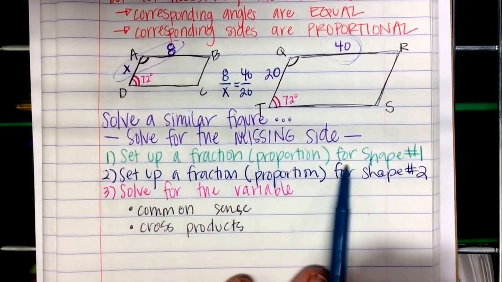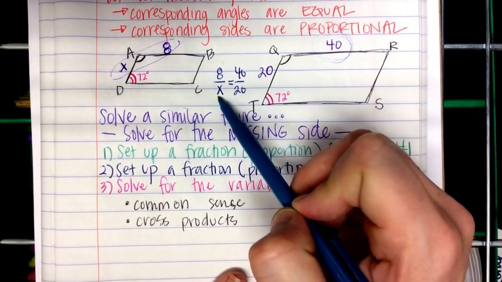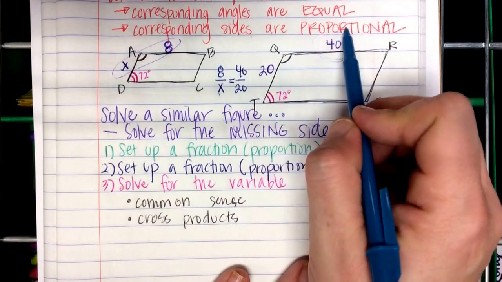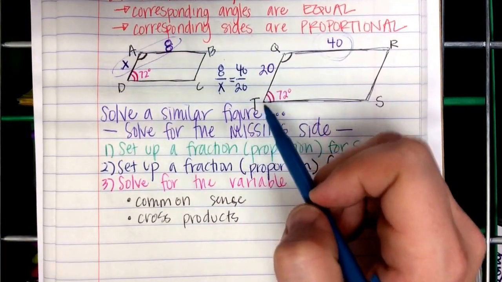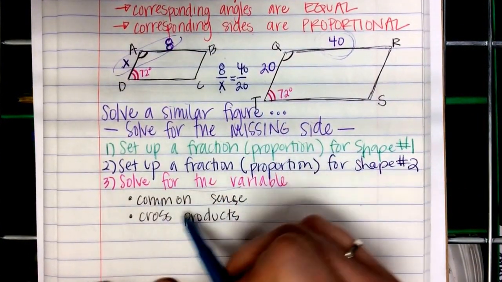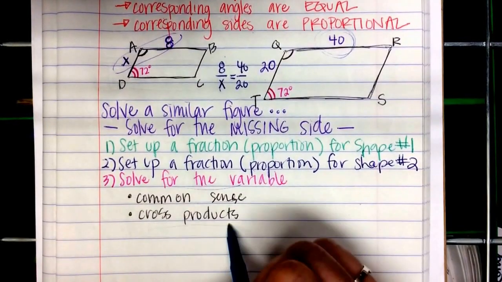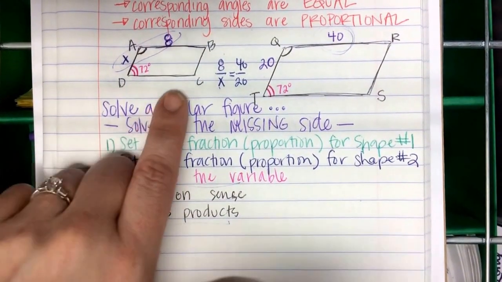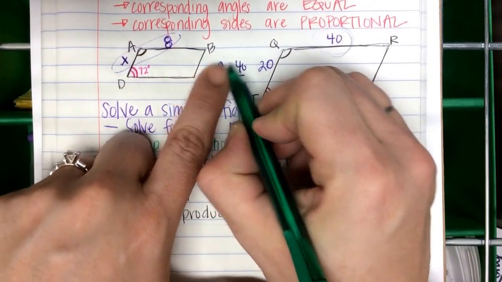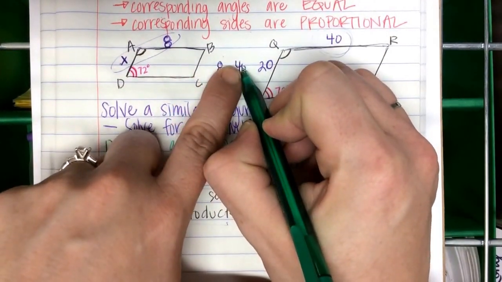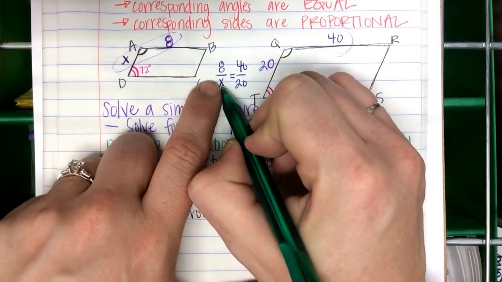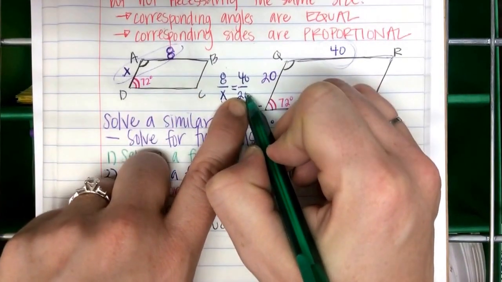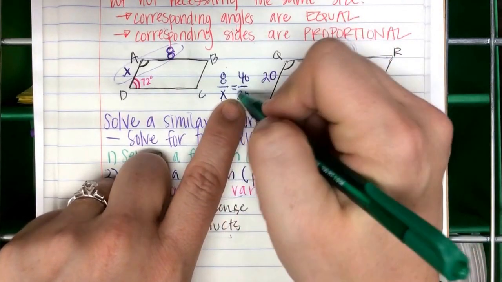I set up my fraction for shape 1, 8 over x. I set up my fraction for shape 2, 40 over 20. Now I solve for the variable. I can common sense it, or I can cross product. Common sense, as I look: 8 times what equals 40? 5. So what times 5 equals 20? 4.